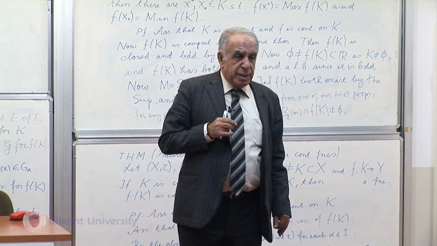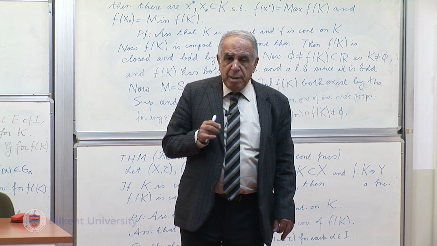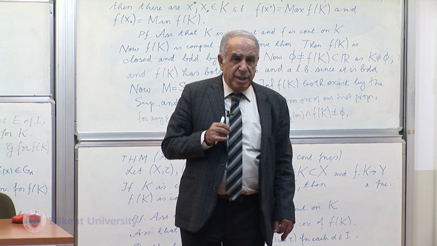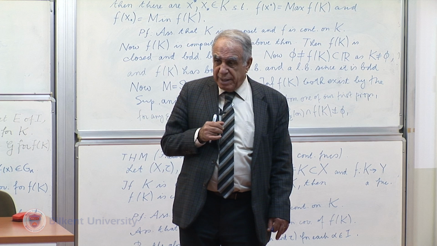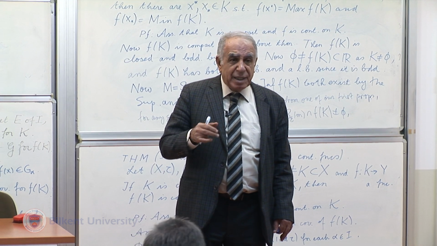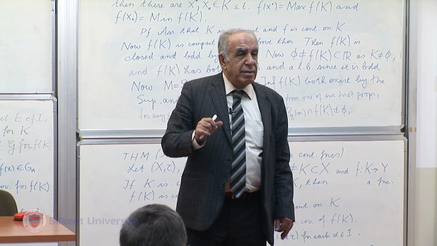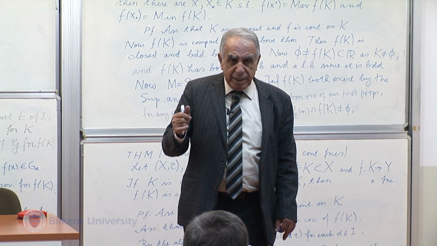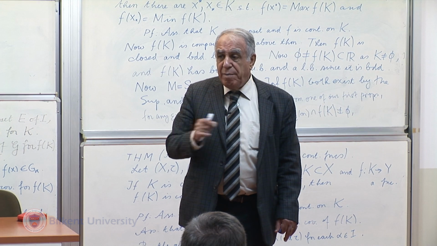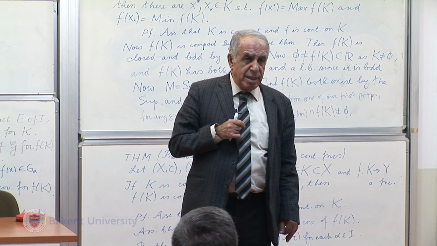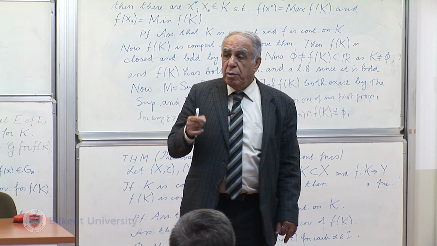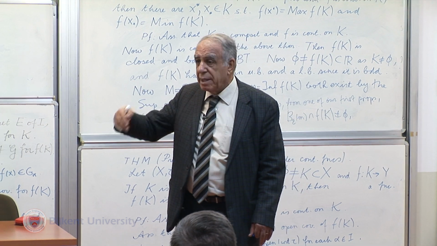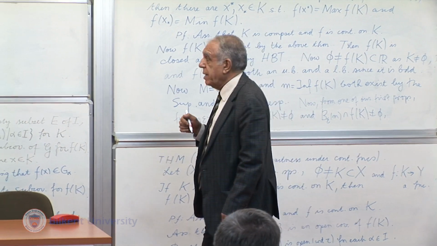So the question now is, what can we tell about the structure of the set of maximizers as well as the minimizers of a continuous real-valued function on a compact set? The set of maximizers and minimizers will turn out to be compact subsets of the domain space as well.